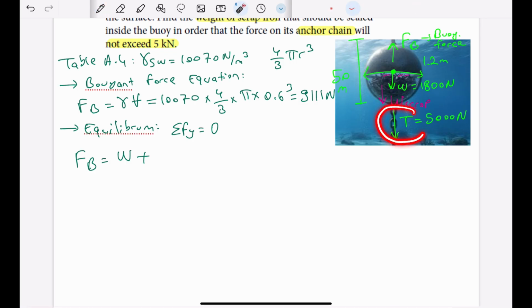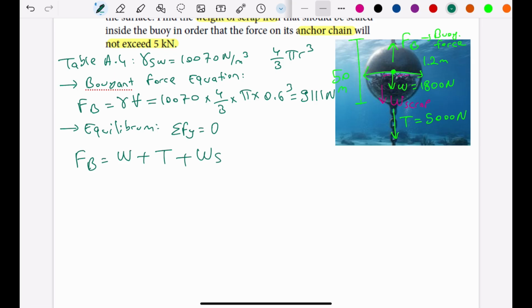We have T, which is coming from tension of anchor chain, which tries to pull this steel to the bottom. And we have scrap iron weight, and we are using it as additional weight to keep this steel floating without any movement. So weight of scrap.